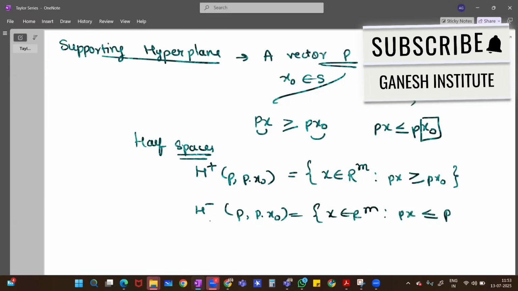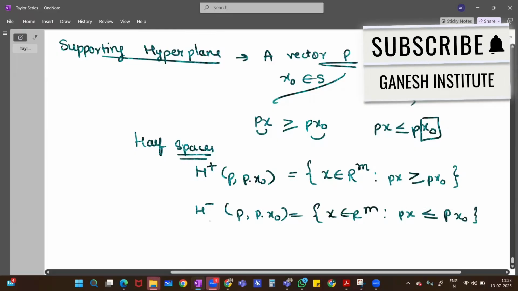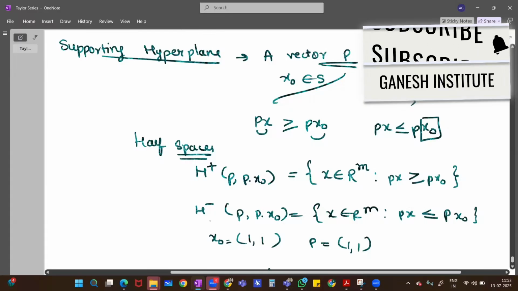Is this fine? You can have anything. I mean, x for x naught, it is a vector. That's why you will be having both. If it is a 2D plane, you will be having both values. For example, 1, 1, right?